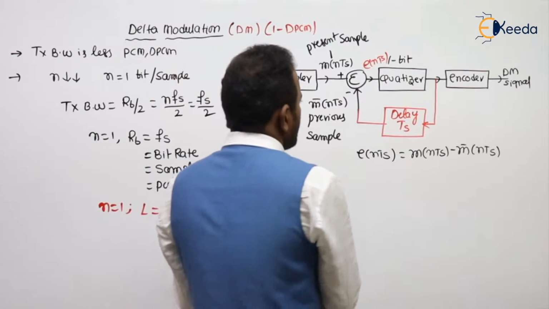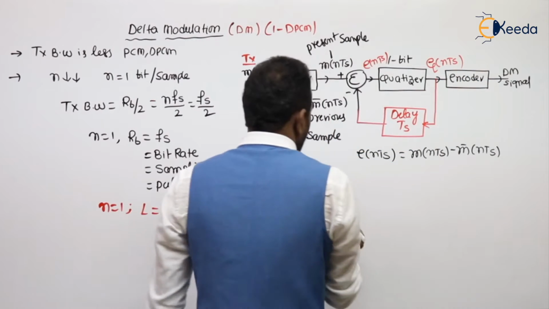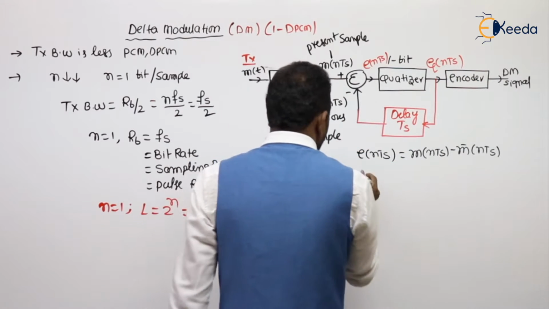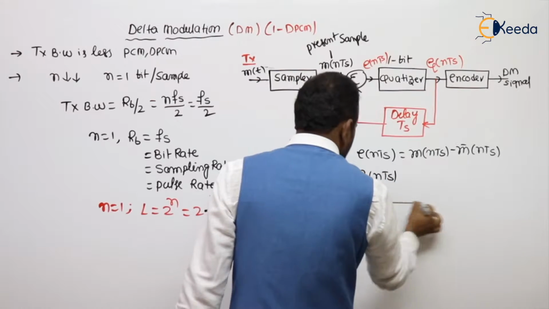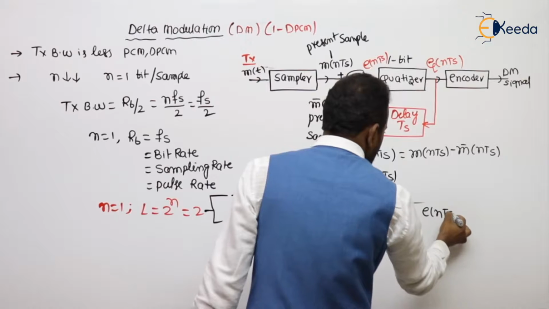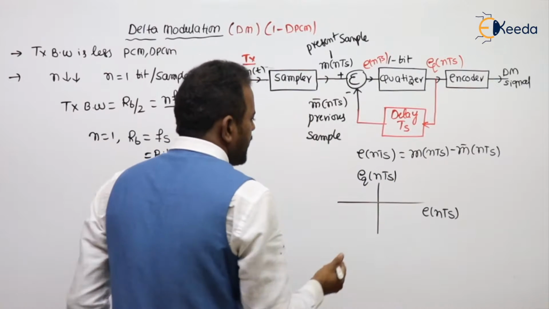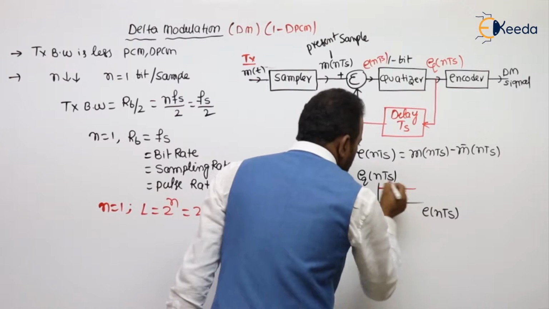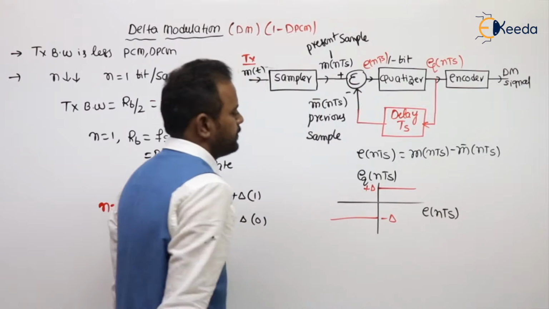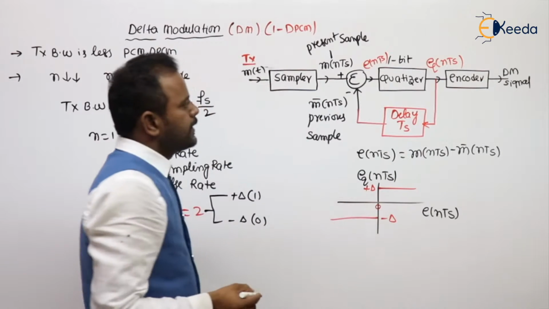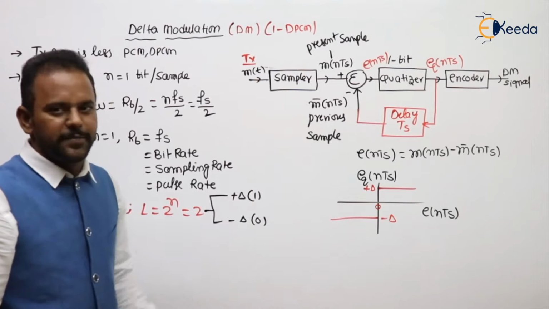For example, if the quantizer output is eq of nTs, and I draw the graph between eq of nTs versus e of nTs, the transfer characteristics, which we can also call the input output of a system: if e of nTs is positive, plus delta; negative, minus delta. That is the transfer characteristics of the quantizer here.